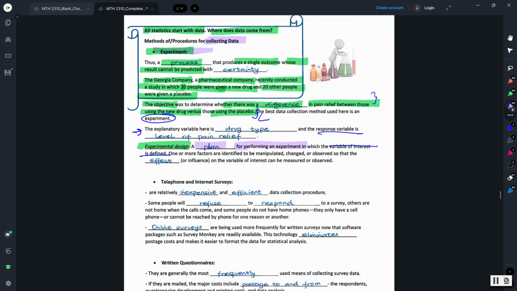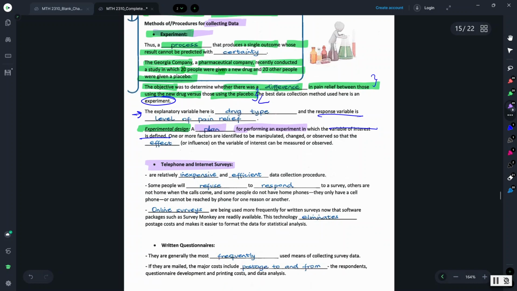Another source of data is from telephone and internet surveys. Have you completed a survey presented to you online before? So, one of the key characteristic advantages of surveys, whether telephone or internet, is that they are inexpensive and efficient, and sometimes it does come with its own disadvantages.